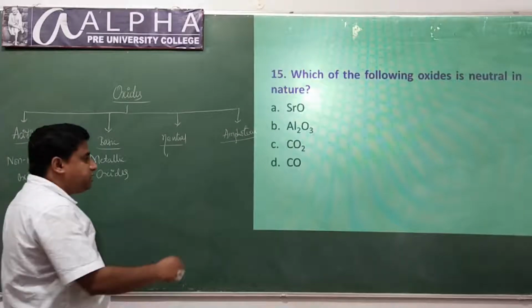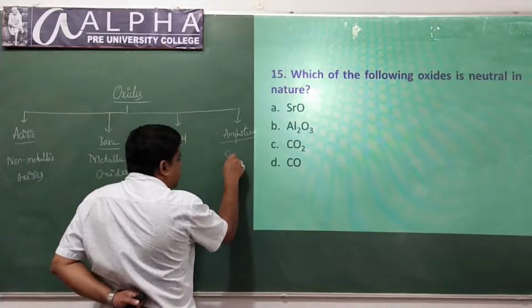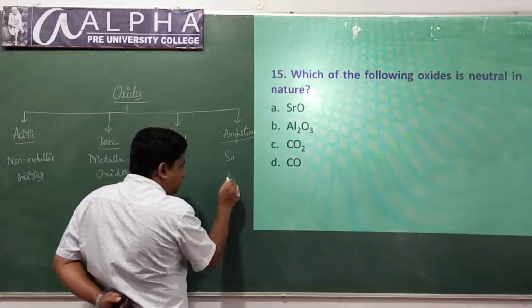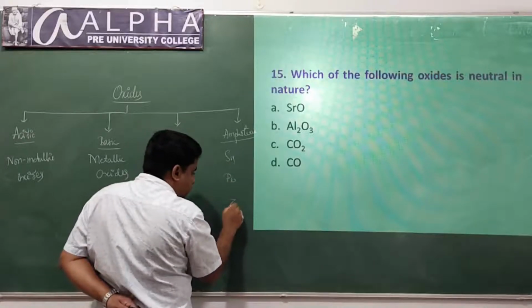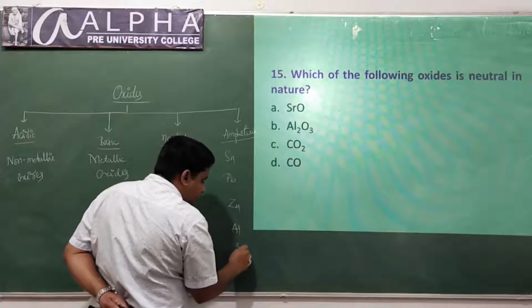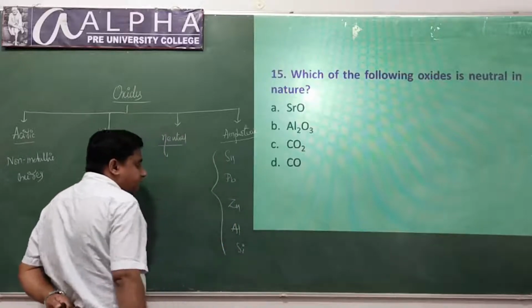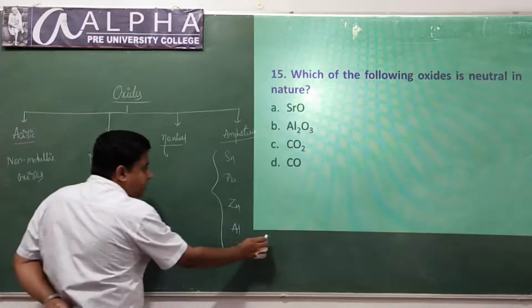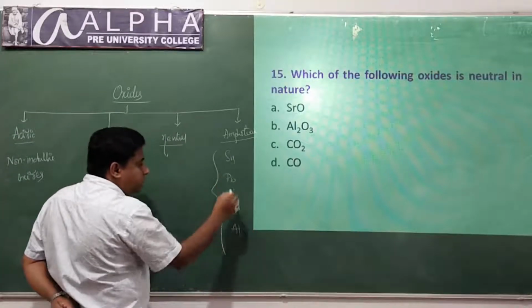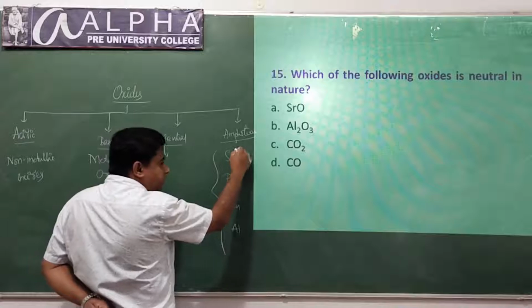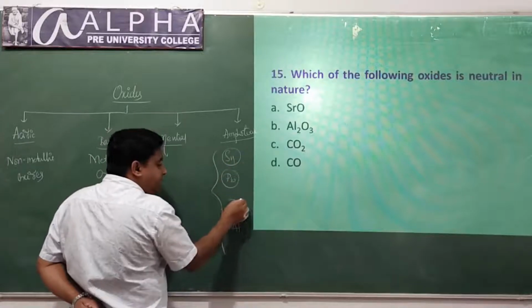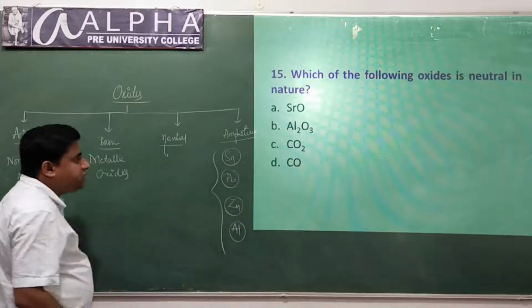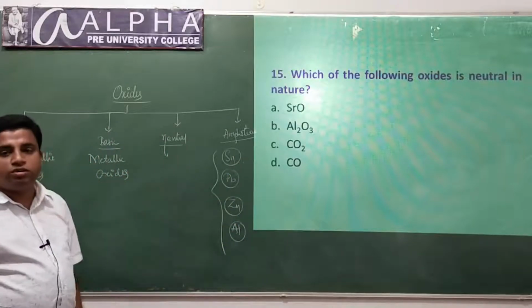Whereas certain elements like tin, lead, zinc, aluminium form amphoteric oxides.